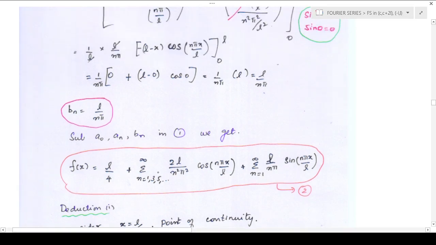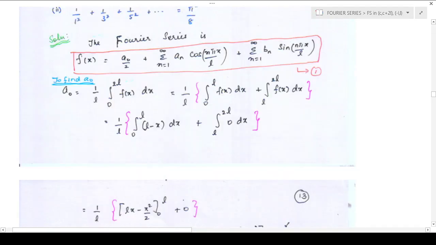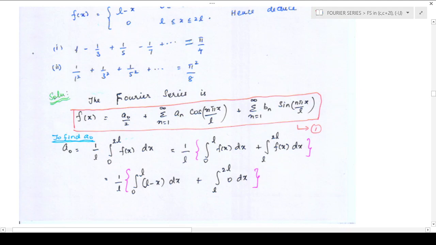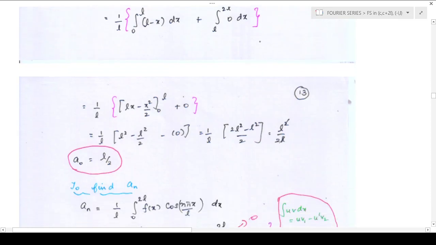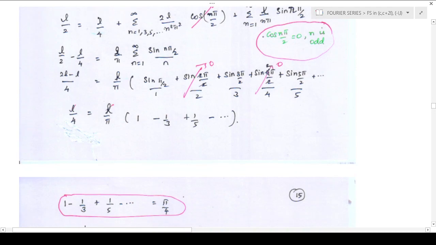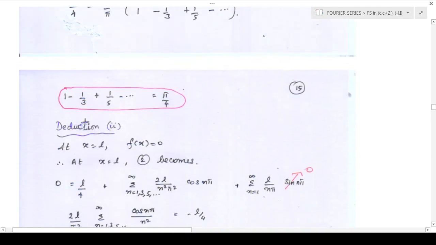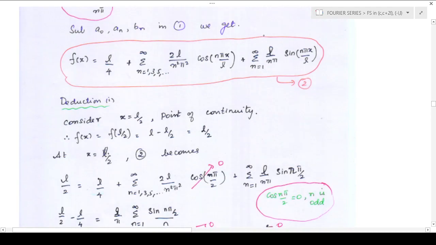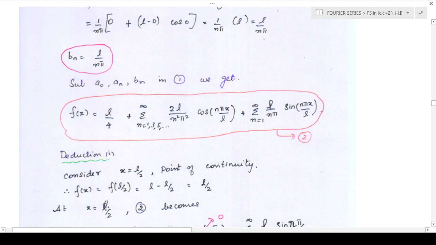Then again, according to this, you have to select the point. 1 minus 1 by 3 plus 1 by 5 minus 1 by 7 likewise. So you have to concentrate on 1 by n. Here, you have to consider this one. The second term you have to consider.